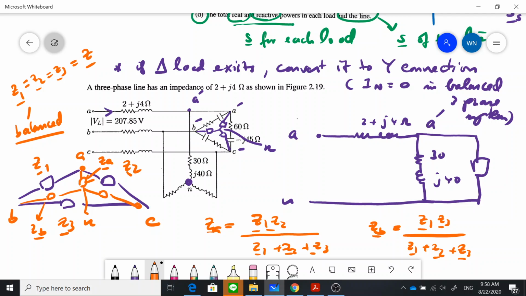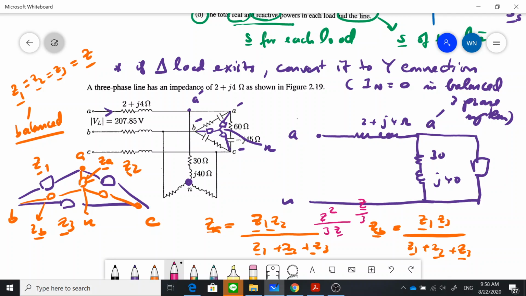So you can see from here that Z1 times Z2 is Z square, divided by the sum of Z1 plus Z2 plus Z3, which is 3 times Z, right? Now you can see that one Z cancels, so it is Z divided by 3.